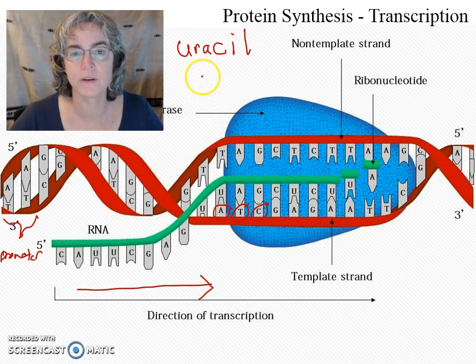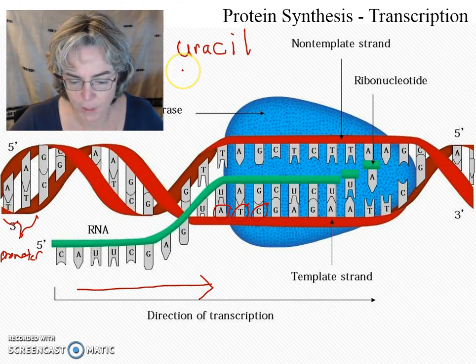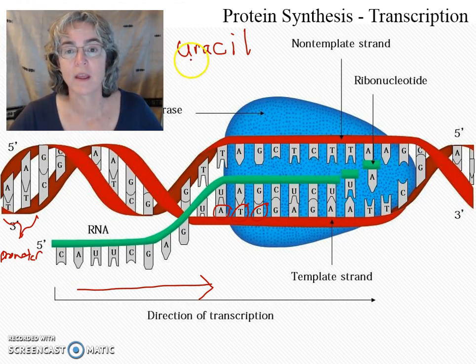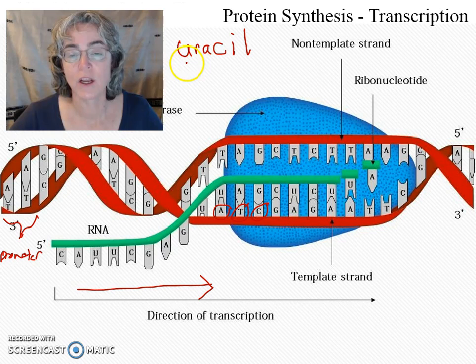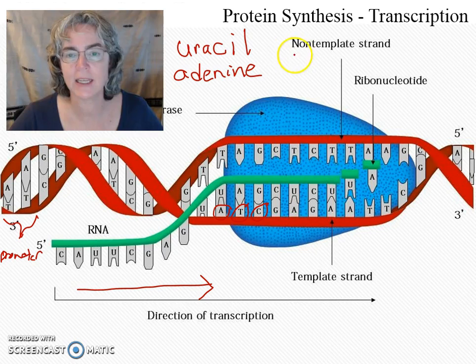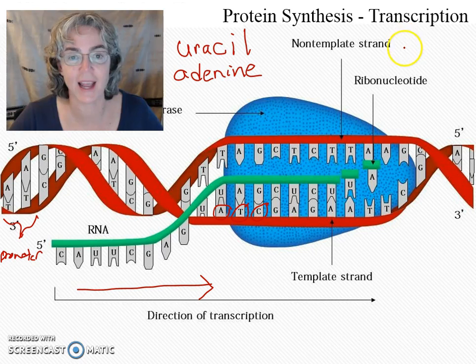So instead of thymine being paired with adenine, uracil is paired with adenine. Okay, so it's adenine and uracil, and the other two are still the same as with the DNA.